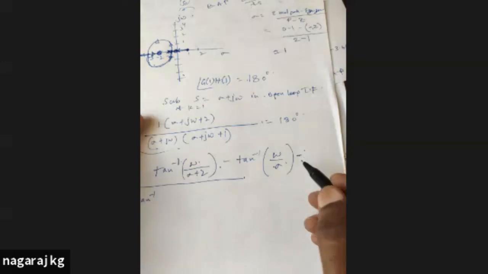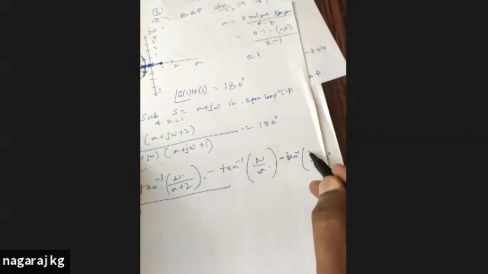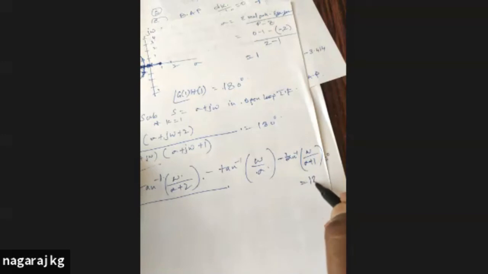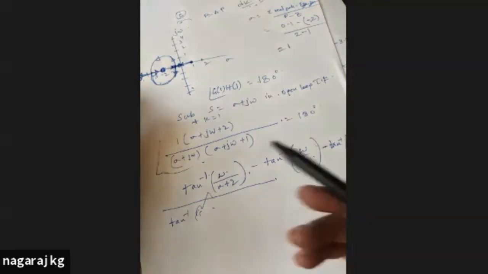Or you can take the denominator terms to the numerator: tan inverse of omega divided by sigma plus 2, minus tan inverse of omega divided by sigma, and the next term, real sigma plus 1 and imaginary omega, minus tan inverse of omega divided by sigma plus 1, and this must be equated to 180 degrees.